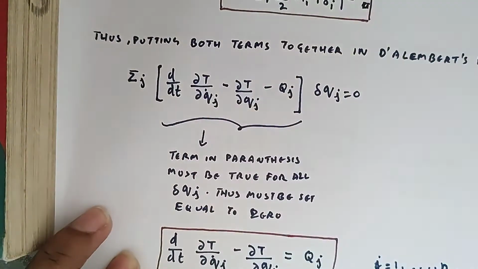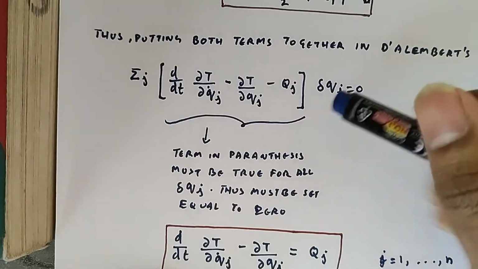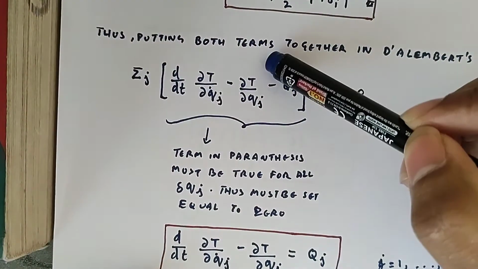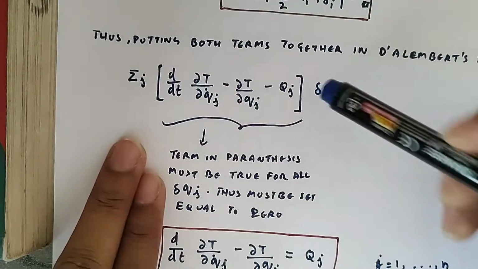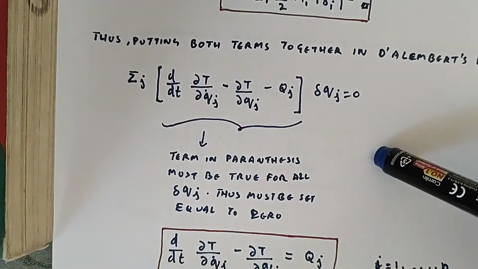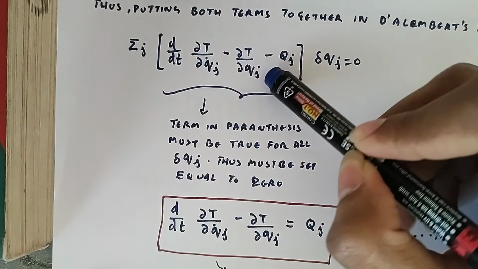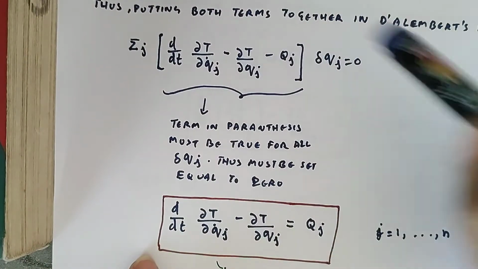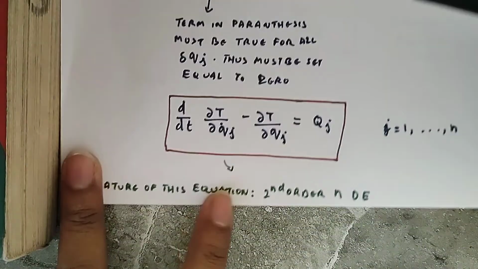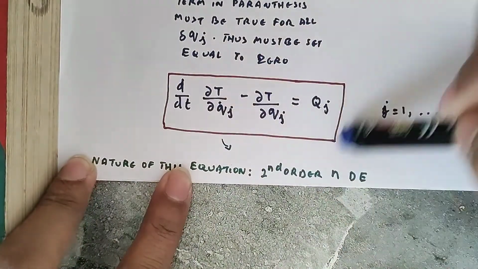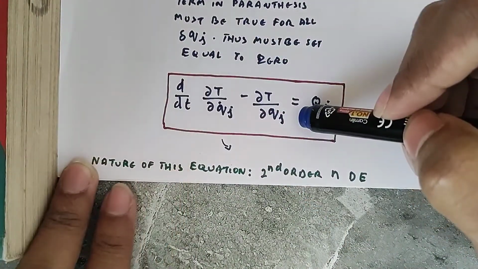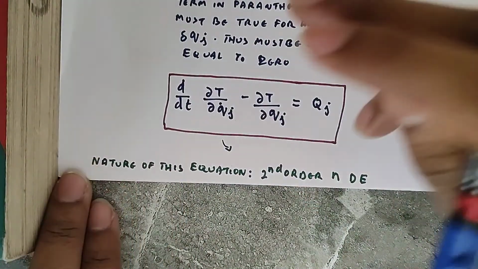So I just set the square parenthesis term equal to 0, and I can take my delta q_j, which has the minus sign over there, onto that side, and I get an equation for generalized force in the form of differential kinetic energy.